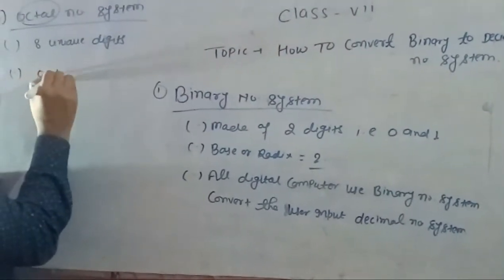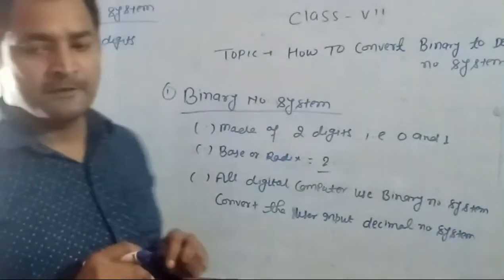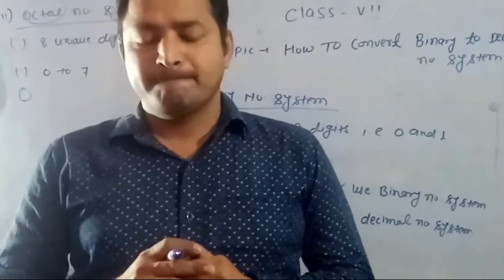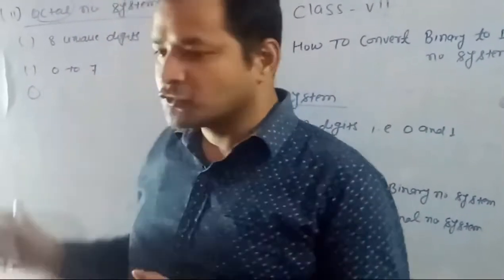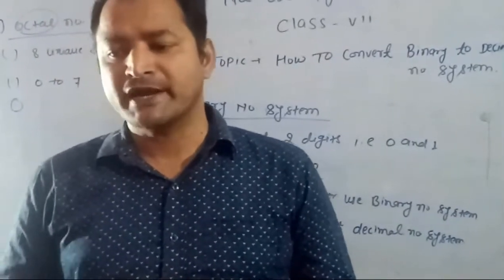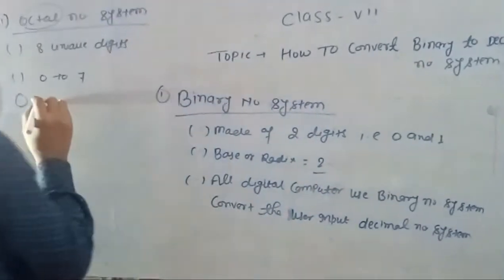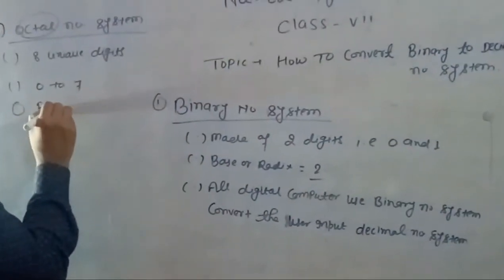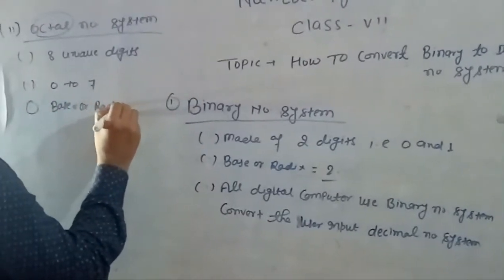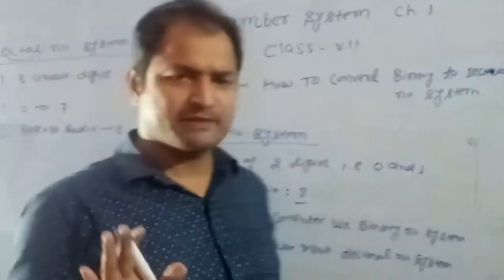This octal number system represents 0 to 7, so the base or radix of the number system is 8. Only 3 points. Every student remember.